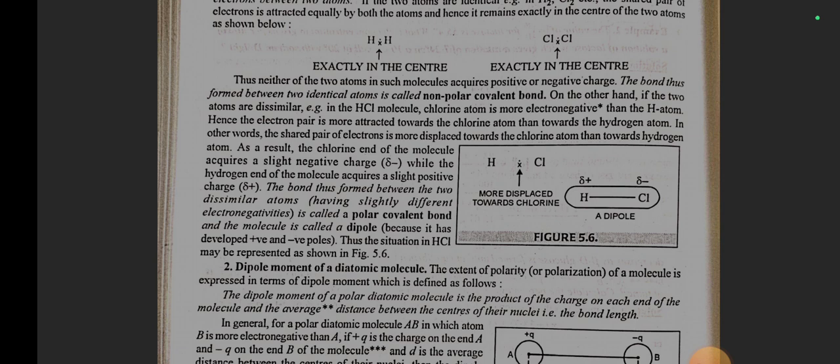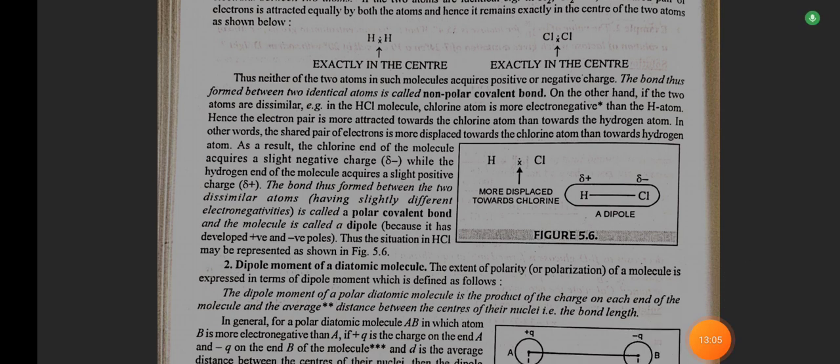On the other hand, if the two atoms are dissimilar, for example in the HCl molecule, the chlorine atom is more electronegative than the H atom, hence the electron pair is more attracted towards the chlorine atom than towards the hydrogen atom. In other words, the shared pair of electrons is more displaced towards the chlorine atom than towards the hydrogen atom.